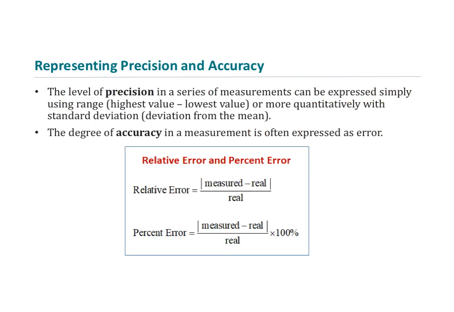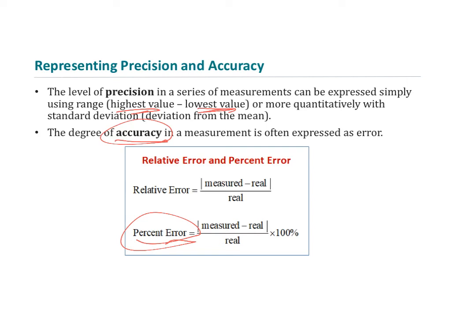Precision is the range. Take the highest value and the lowest value, and the larger the range, the lower your precision. You want something with a really tight range to be precise. Accuracy is how close you are to the target, and you'll see in your lab it's usually represented with percent error.